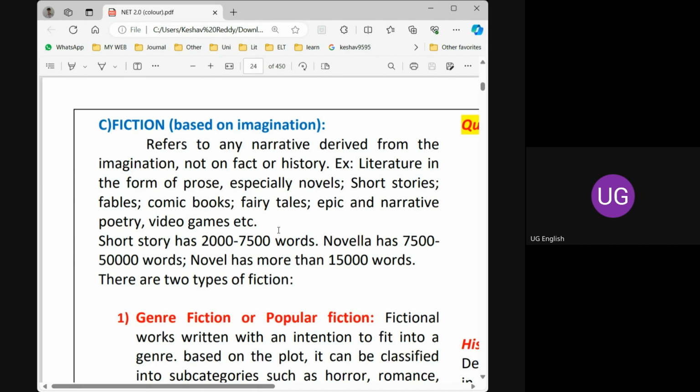There are several types of subgenres in fiction. Especially the novel is very famous. Along with the novel, short stories are there, fables, narrative poetry, epic, and many other forms. But the novel is the most dominating of all these literary genres.